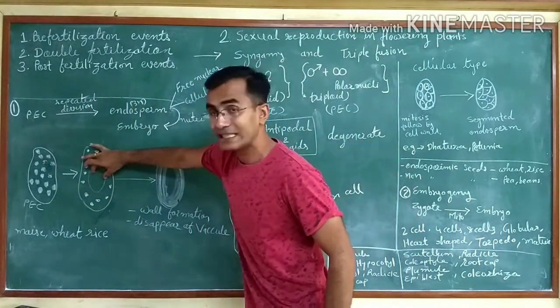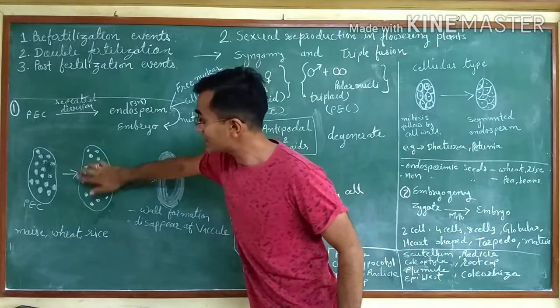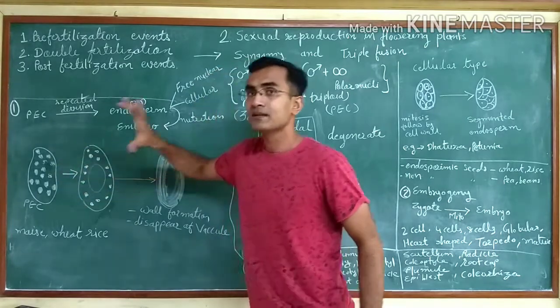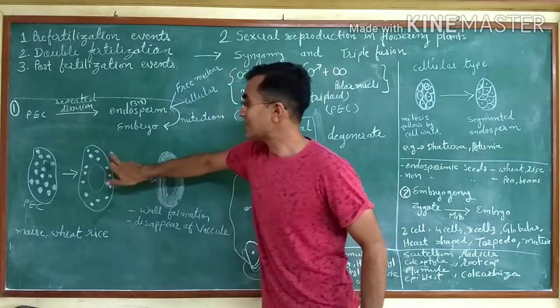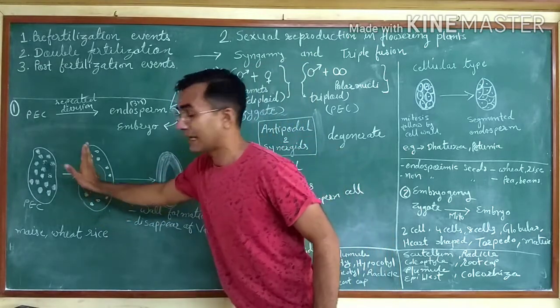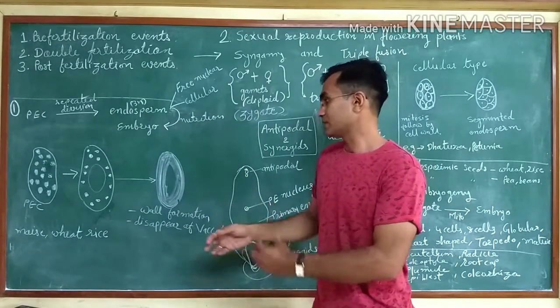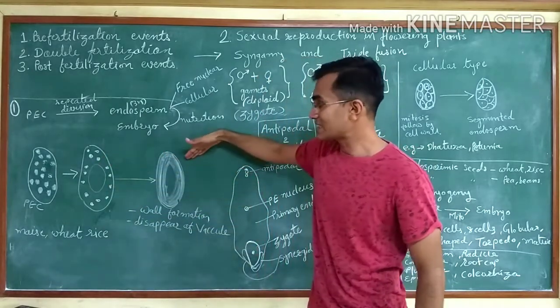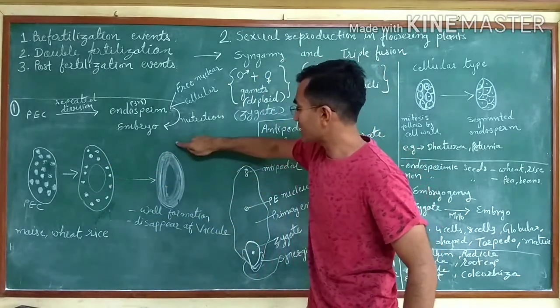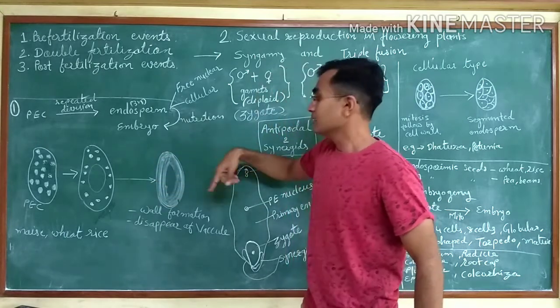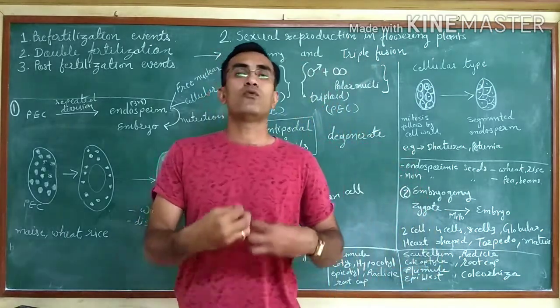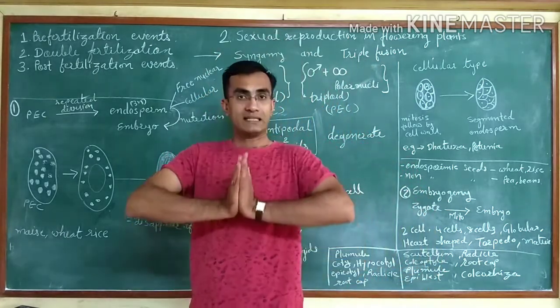So this vacuole is created. The vacuole pushes the endospermic nuclei towards the cell wall, and they come to the edge and form the wall formation. Here, this is the final stage. The wall formation took place, and after some time, this vacuole will disappear.